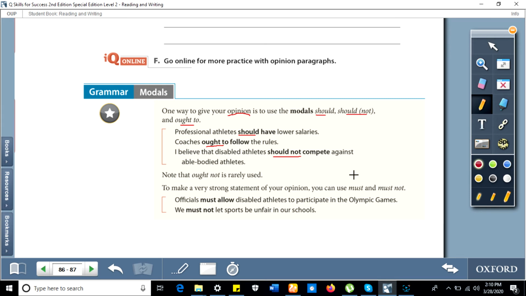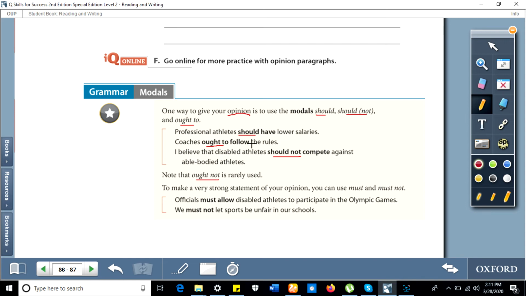Whenever you want to give your opinion, you can use the modals should and ought to, although ought to is rarely used and it's kind of out of fashion. Not a lot of people use ought to now, as it is mentioned here also that ought not, and also ought to is really old-fashioned.